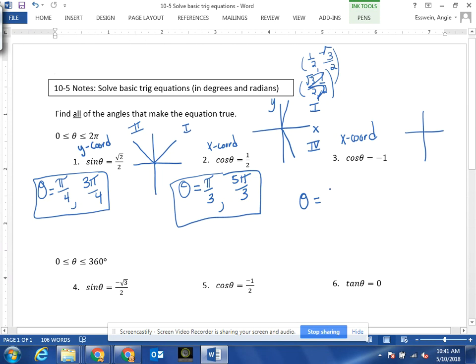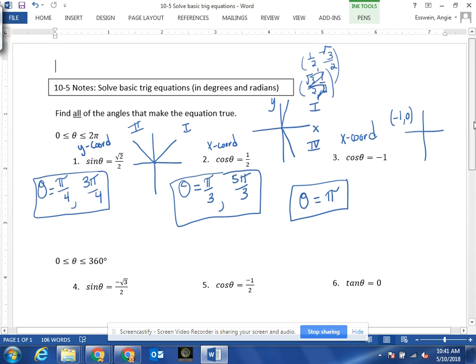Yeah, Danny. So it's like at the 180-degree angle or pi? At pi, exactly, because the coordinates here are -1, 0. Is there another place where the x coordinate is -1? Nope. So there can be one or two answers.